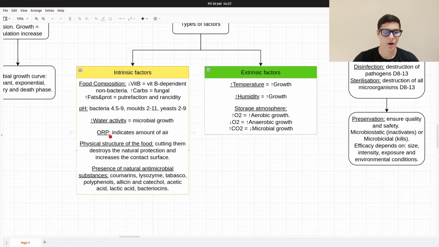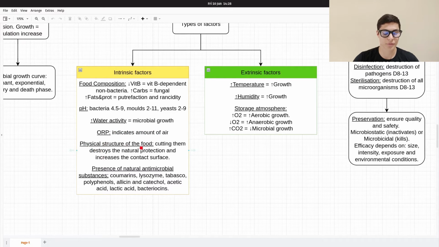And this is the oxidative reduction potential, and indicates the amount of air. And of course, if there are high amounts of air, high amounts of oxygen, well, the aerophils will start to grow, the aerobic bacteria will start to grow, and the anaerobes will not, and the reverse happens.